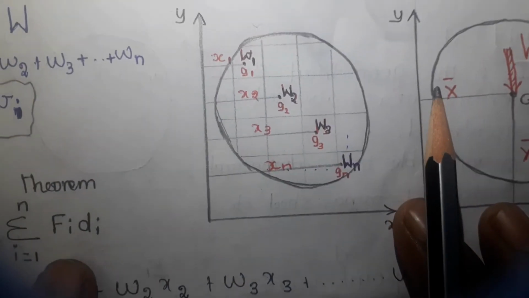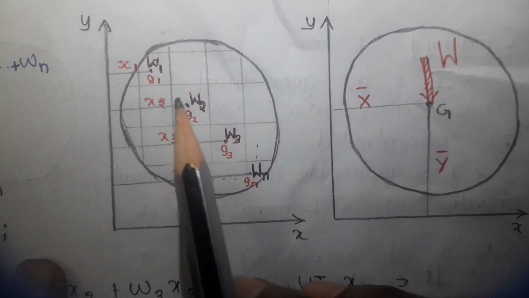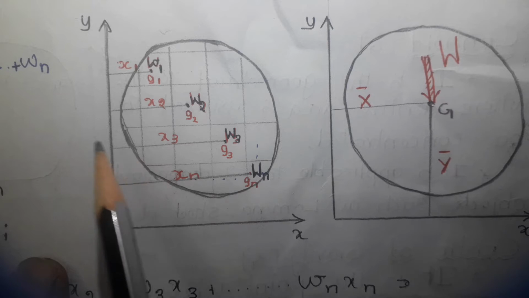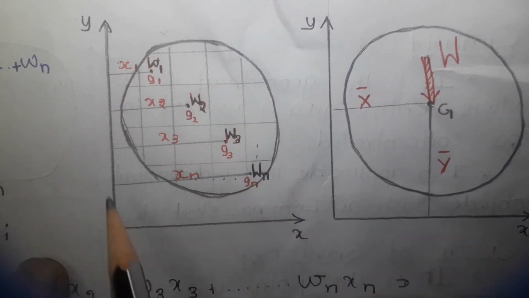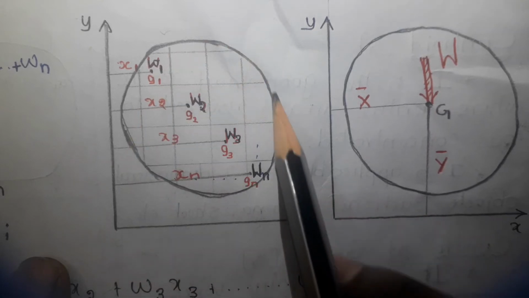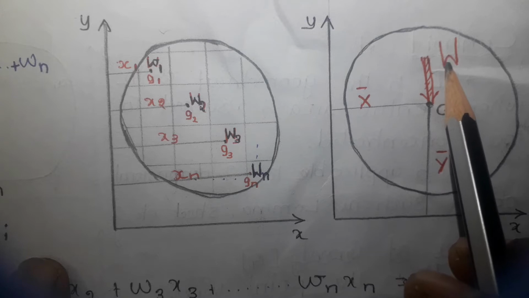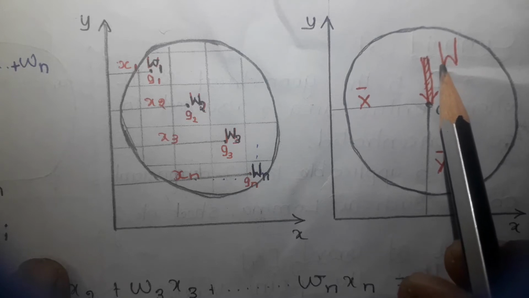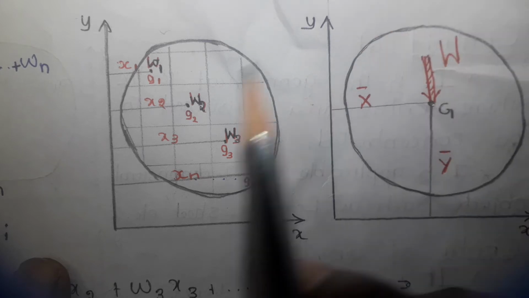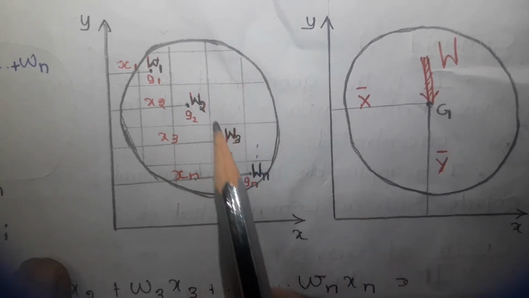For that, again I am going to this diagram. You see that W1, W2, W3 and Wn, all these weights are individual weights, and the total resultant for these individual weights is W, capital W. This total weight, capital W, represents the resultant for all these individual weights.